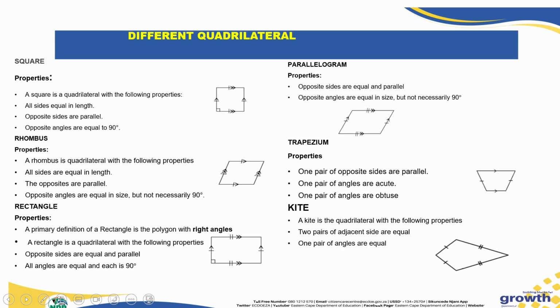Remember, when we talked about lines, 2 lines that intersect and form an angle of 90 degrees, we call those lines perpendicular. Therefore, the lines of a square are perpendicular to each other because they form that angle which is 90 degrees.